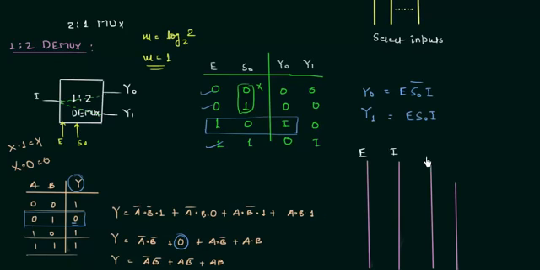E, I, S0. I will use one NOT gate, and this line will represent S0 complement. We require 2 AND gates, 2 3-input AND gates. The output of the first AND gate is Y0 and the output of the second AND gate is Y1.